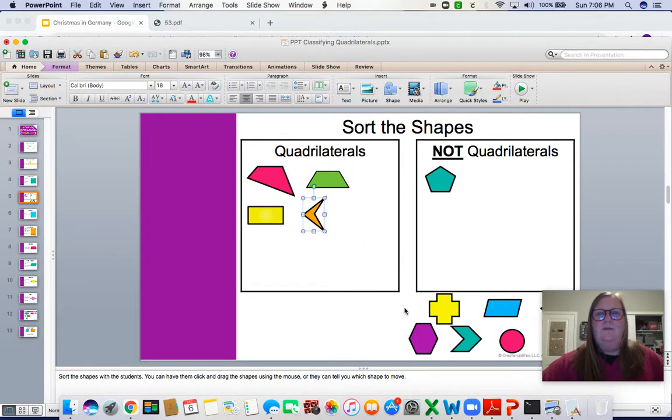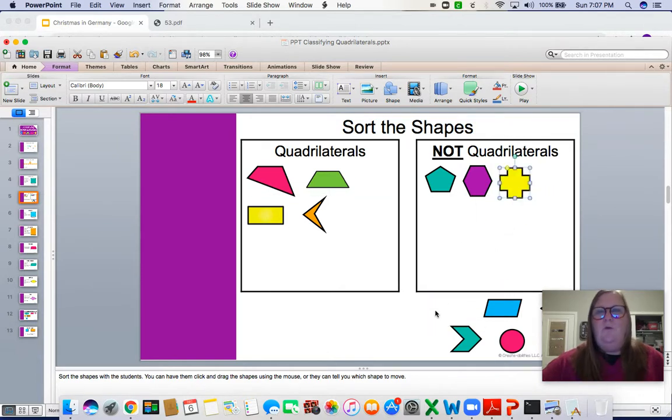So that is also a quadrilateral. 1, 2, 3, 4, 5, a 6-sided hexagon. So that is not a quadrilateral. And this one, 1, 2, 3, 4, 5, 6, 7, 8, 9, 10, 11, 12-sided. So that definitely is not a quadrilateral.